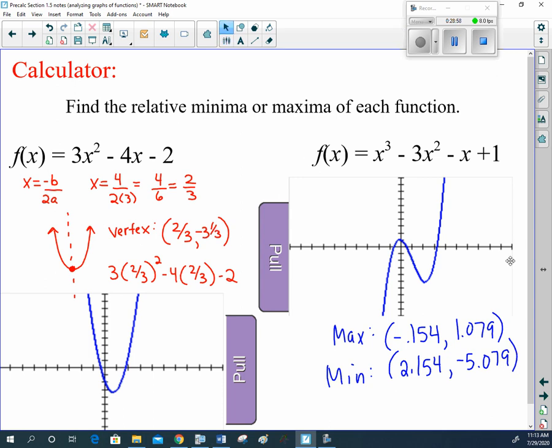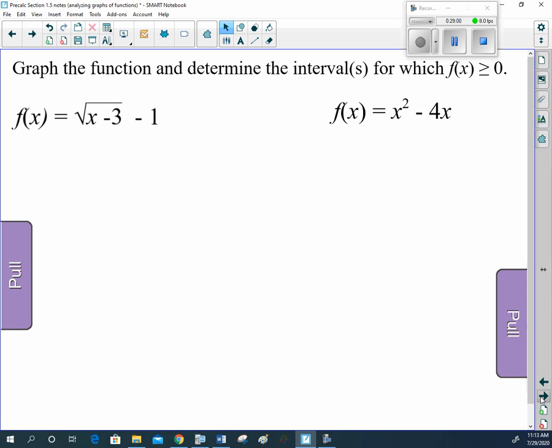Okay. So learning how to use some of those buttons on your calculator. This one says graph the function and determine the intervals for which f of x is greater than 0. So we want to know where it's increasing. Greater than 0 or equal to 0. We want to know that interval. Now, since it wants an interval, not open interval, you're going to need to keep track of parenthesis and bracket if you need to.